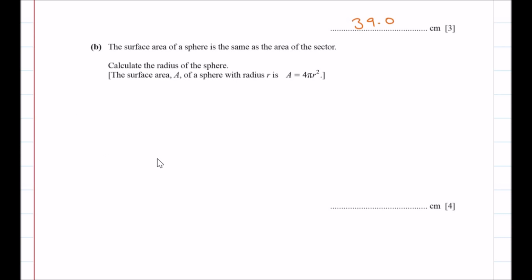Part B. The surface area of a sphere is the same as the area of the sector. Calculate the radius of the sphere. So, surface area of sphere is equal to area of the sector.